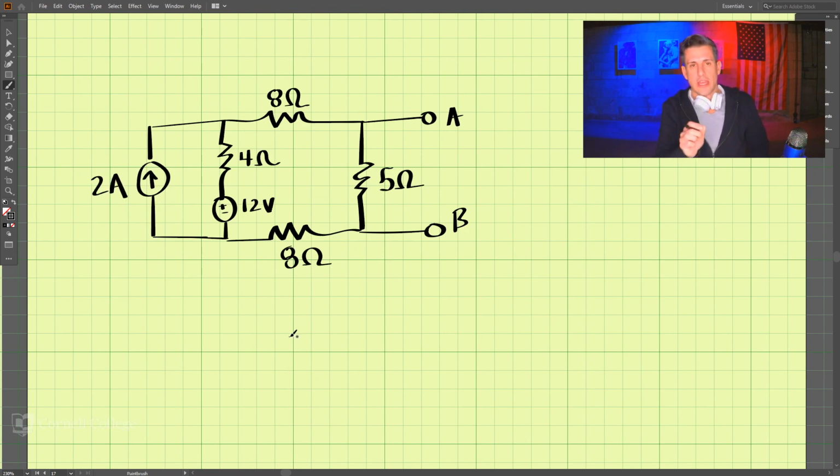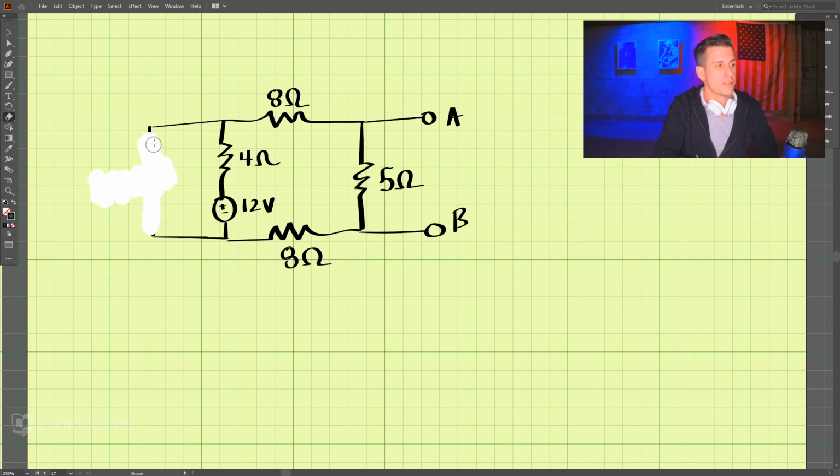Now let's take a look at the steps to do an equivalent Norton circuit. The first thing we need to do is turn off independent sources. So this current source becomes an open circuit, and this voltage source becomes a short circuit.